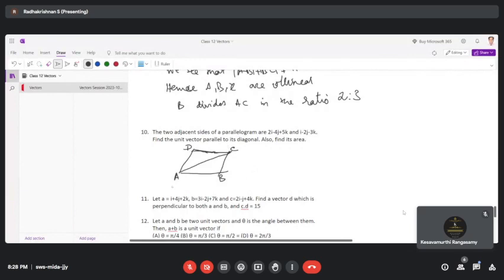Two adjacent sides, let's say AB, this is given as 2i minus 4j plus 5k, and this is i minus 2j minus 3k. So what is AC then? If AB is given, AD is given, what is now AC?